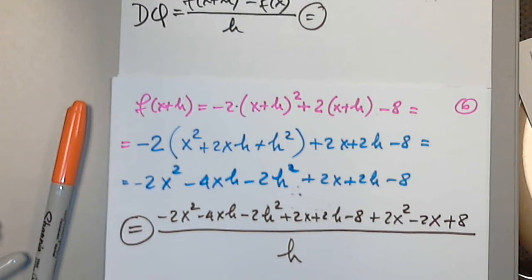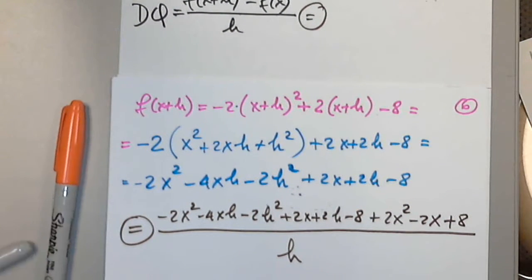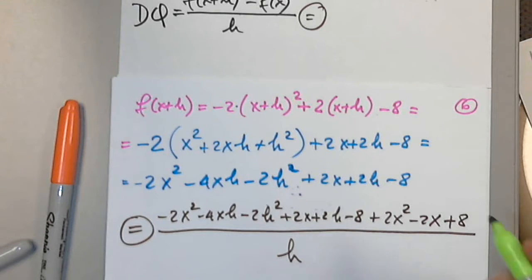So now, as expected, terms without h must go away. Positive and negative: you cannot cross them out if they're not opposites. If they are not opposites, something is wrong. So I have a -2x with a +2x and a +8 with a -8.